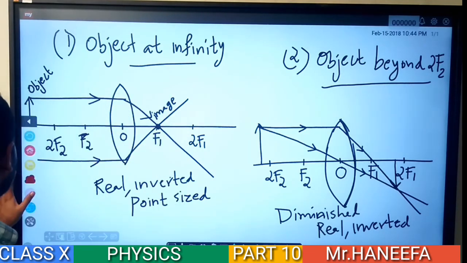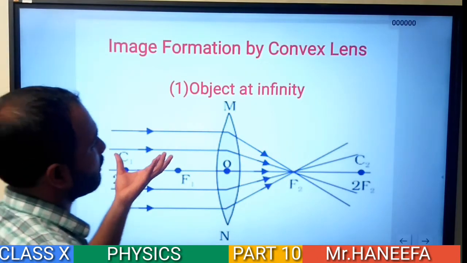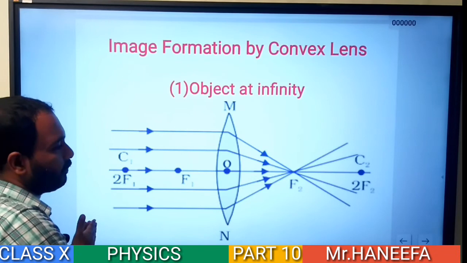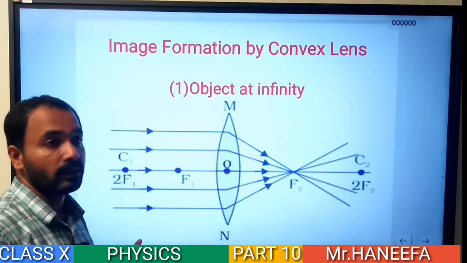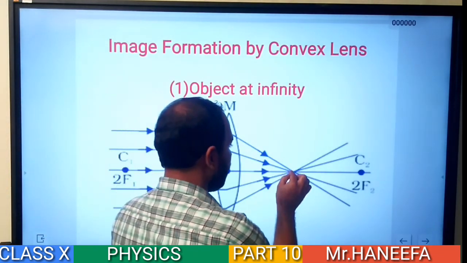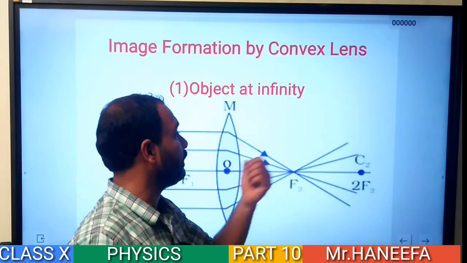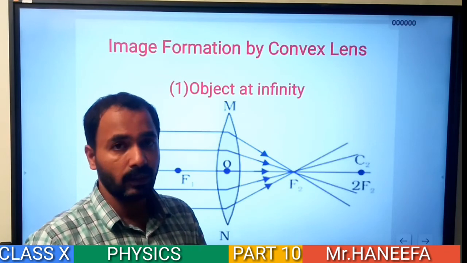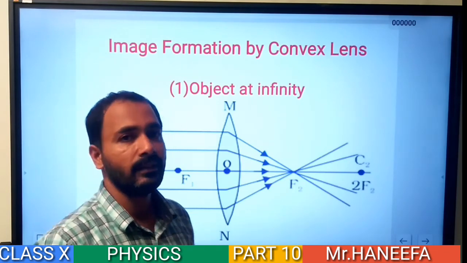So what is the first case? Object is placed at infinity. The ray is parallel to the principal axis. After refraction, all refracted rays are meeting at a point on the focus. So image is formed at the focus. This image is real, inverted, highly diminished and point sized.